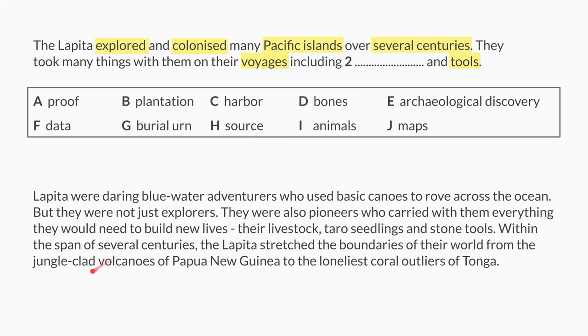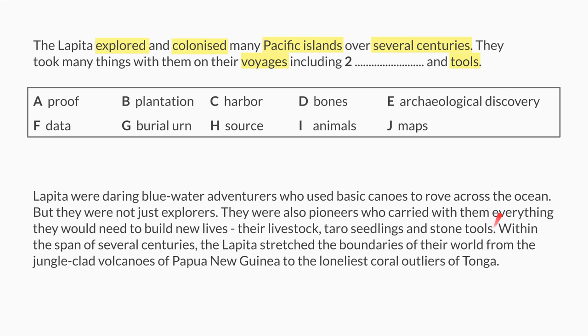So let's see. Here I see explorers, something about exploration here. All right, what else? To build new lives. Well, that is synonym language for colonize. To colonize means to set up an establishment or set up a civilization or to settle down, to start a new life somewhere. Okay, to colonize, to build new lives.